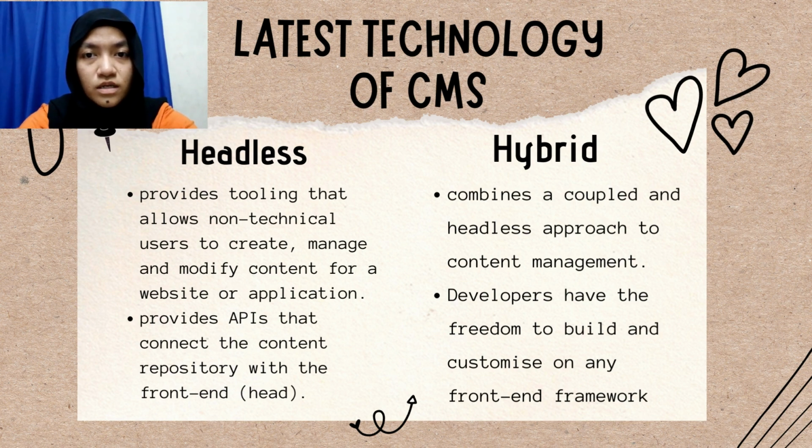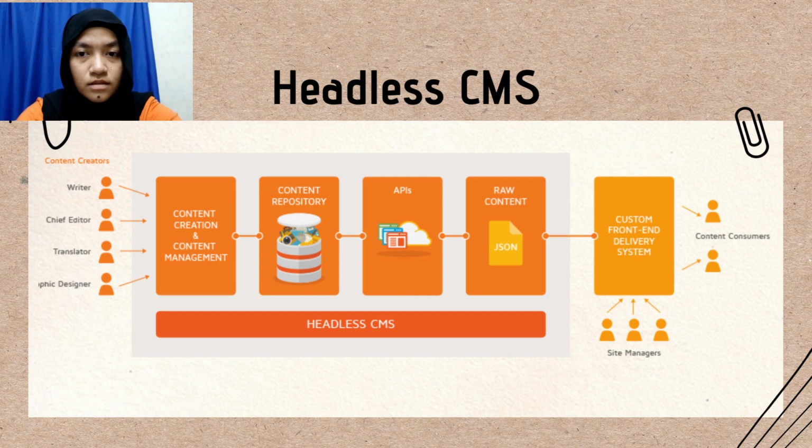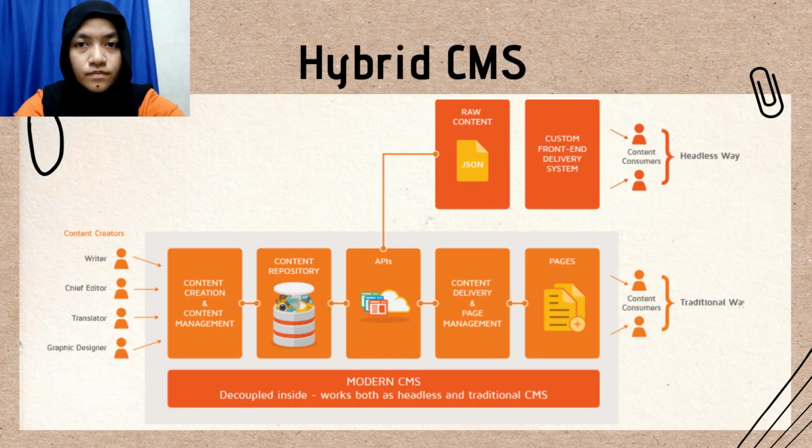Next, hybrid is a combination of a coupled and headless approach to content management. The developer also has the freedom to build and customize on any front-end framework. Next, this slide shows how the headless CMS works, and here is how the hybrid CMS works.